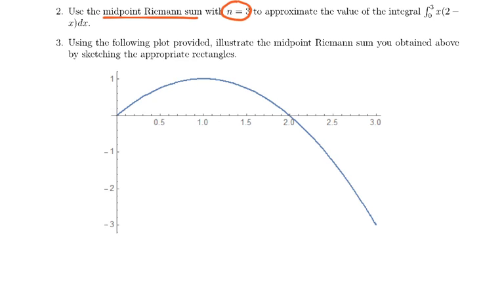We have the plot of this function x times (2 minus x) here, and we're going to use the midpoint Riemann sum with n equals 3. That means basically we're going to separate the closed interval from 0 to 3 into 3 different pieces.